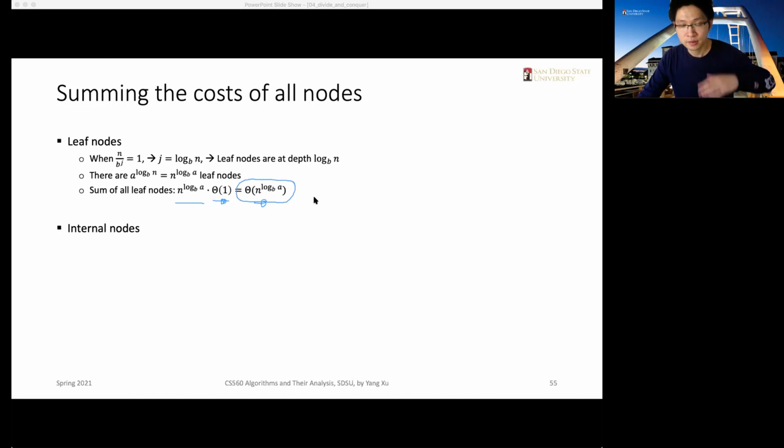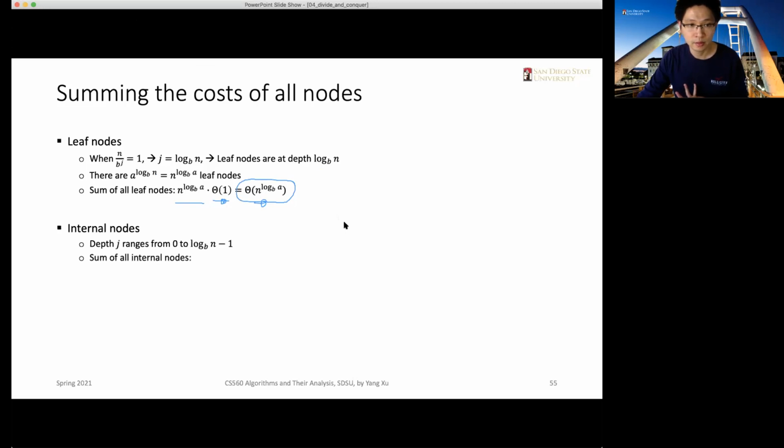Having the leaf nodes solved, let's look at the internal nodes. Now we have the range defined, right? It ranges from depth 0 to depth logarithm base b of n minus 1.